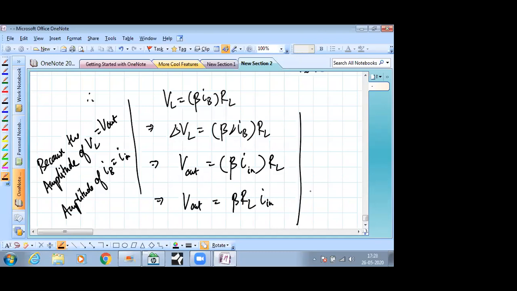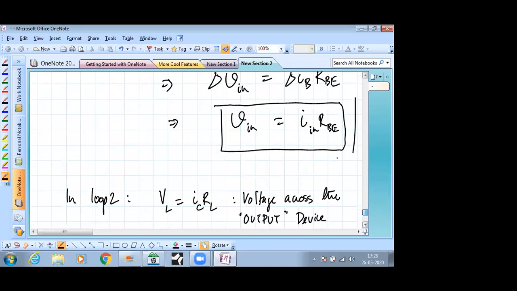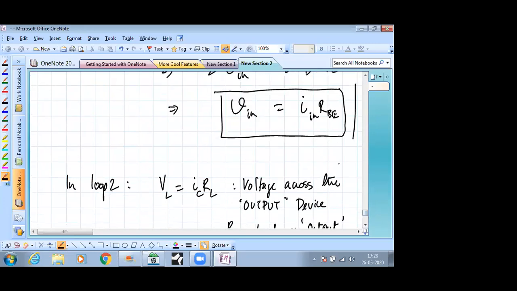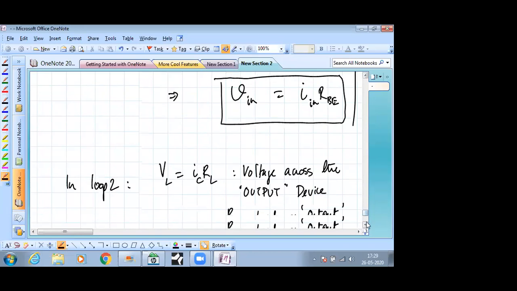And we had just seen that V input was equal to I input times RB. That was from the above equation. Yes. Look at this equation. The input current's amplitude is nothing but the input voltage amplitude divided by RB. You substitute that over here.